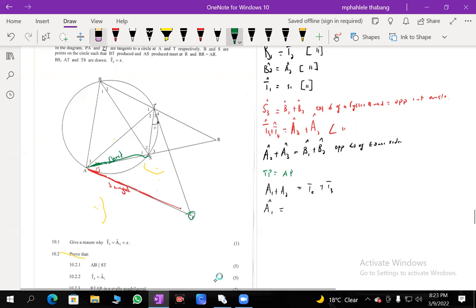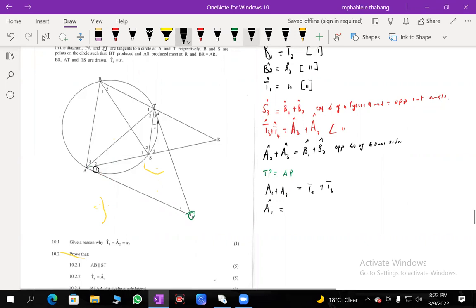So it means that angle A1 is called the angle between tangent and chord. And then the theorem states that the angle between tangent and chord is equal to the angle in the alternate segment. So what you have to do is find which angle A1 equals.